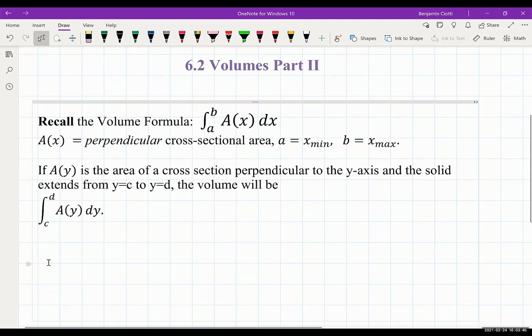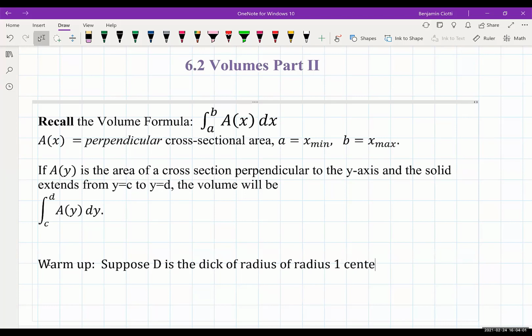Here's a little warm-up question. Suppose that D is the disk of radius 1, which is centered at a certain point in the xy plane.